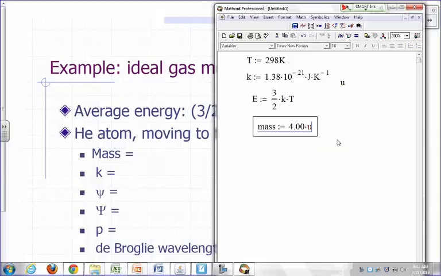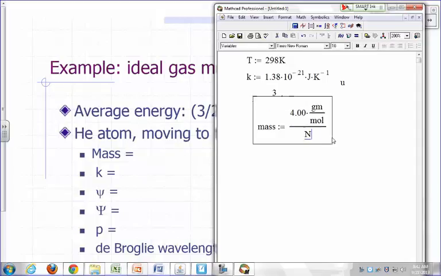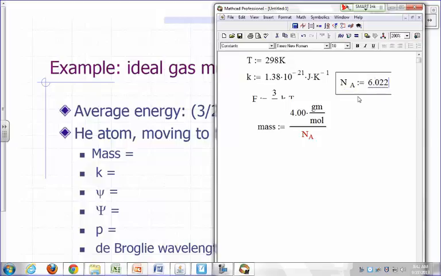So I could just do it this way. 4 AMUs, so it's 4 grams per mole, divided by Avogadro's number, that will give you the answer in grams. So we just have to define Avogadro's number, equals 6.022 times 10 to the 23rd per mole.